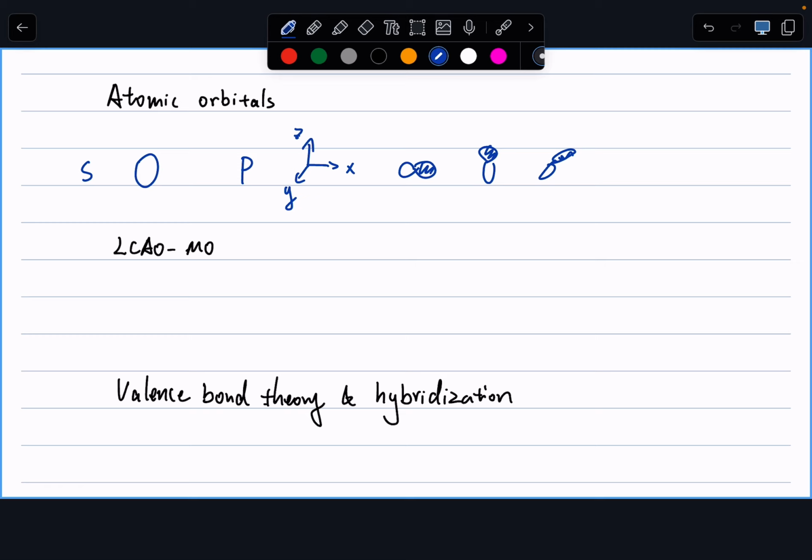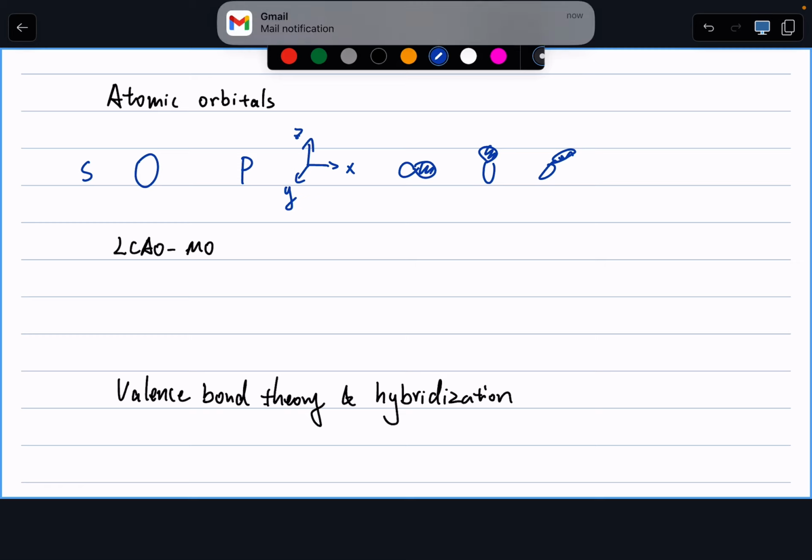Then when we are making chemical bonds, these atomic orbitals interact with each other to form a chemical bond from the quantum mechanical point of view. There are 2 different types of interactions that can take place. One is the LCAO-MO, or the linear combination of atomic orbitals.